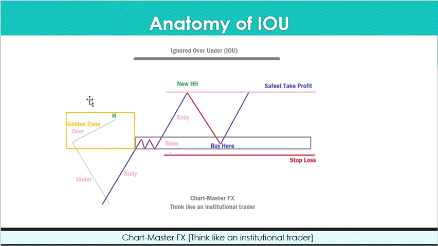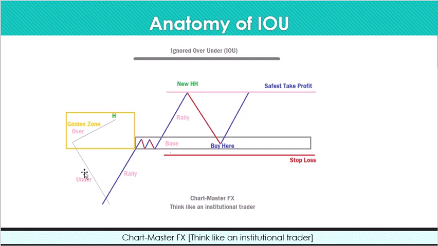Even if it's a KLOU, it's fine, but don't be restricted to say that maybe here there's no key level, so even with the ignored version, I cannot trade. It doesn't matter for this one. We are trading the ignored of the over under, not the ignored of the KLOU.